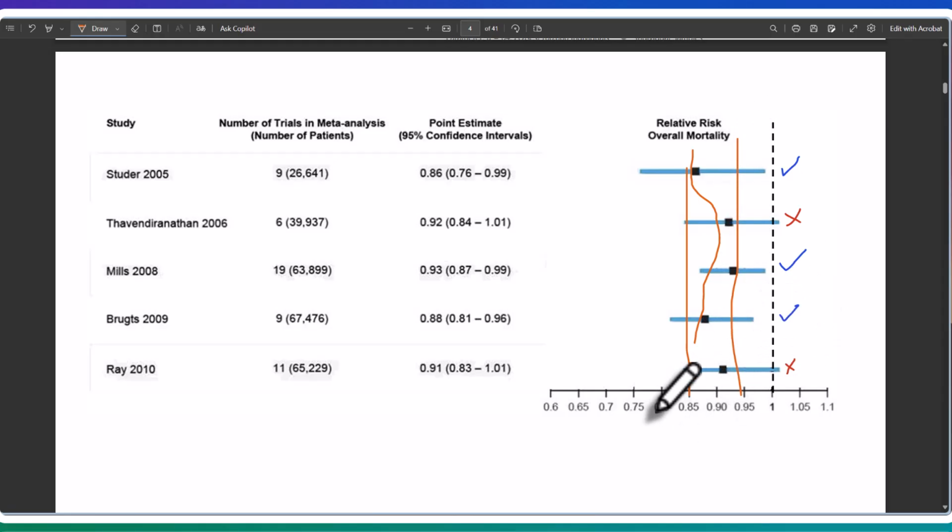There's no perfect evidence, but looking at the preponderance of evidence, maybe some of us would conclude there is efficacy, even though we didn't have it in any particular study. So this is the gray area that we live in.